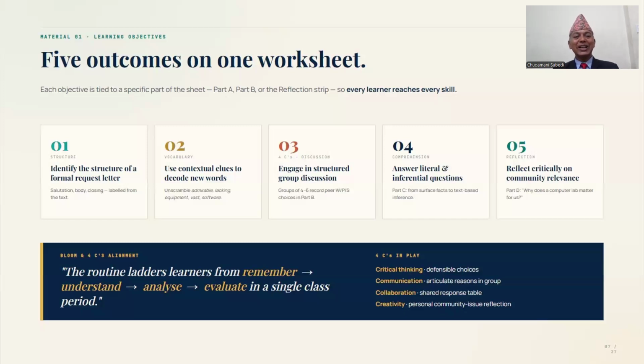The routine ladders learners from remember, understand, analyze, evaluate in a single class period. Forces in play: critical thinking, defensible choices; communication, articulate reasons in group; collaboration, share response table; creativity, personal, community, issue reflection.